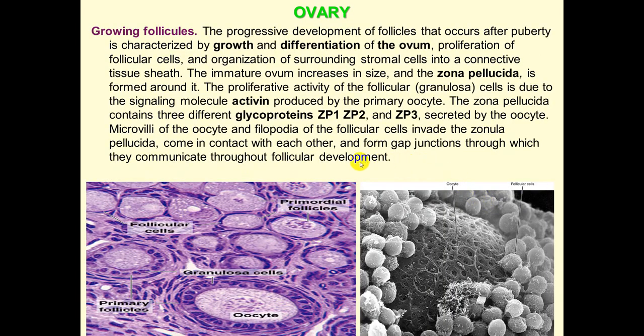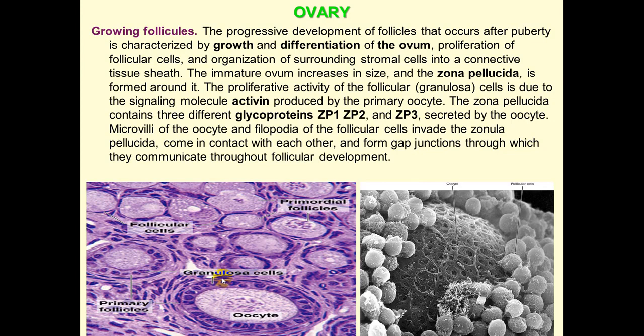The next stage of folliculogenesis is growing follicles. Growing follicles are the progressive development of follicles that occurs after puberty, and it means changes in the cytologic characteristics of the sex cell, the gonoblast, now the primary oocyte, and the wall of the follicle.